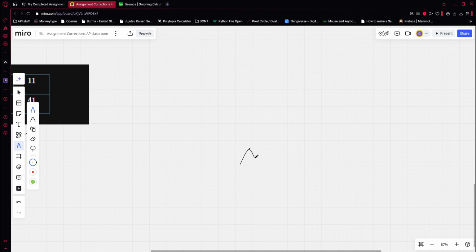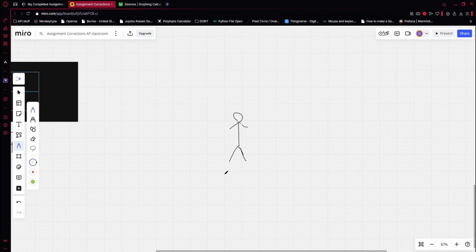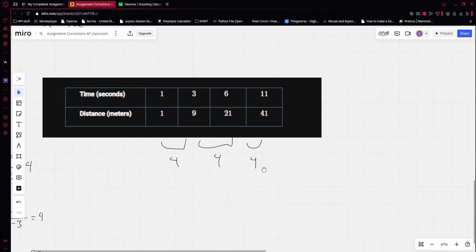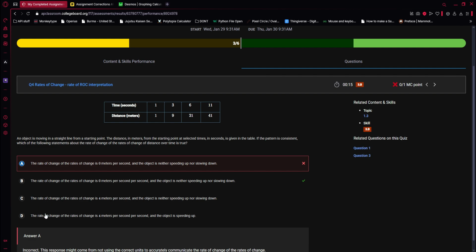It's like I'm standing on this point 4, and then you're saying, whoa, he's going 4 miles an hour, that's crazy. Like, no, I'm just standing here. I'm not going anywhere. Same with here. So we can eliminate C and D. 0 meters per second is the rate of change of the rates of change.